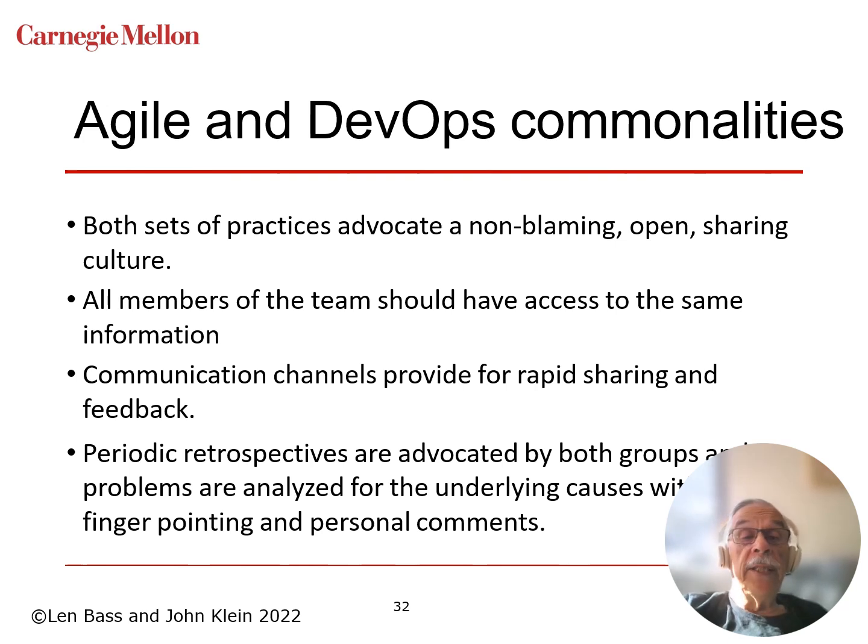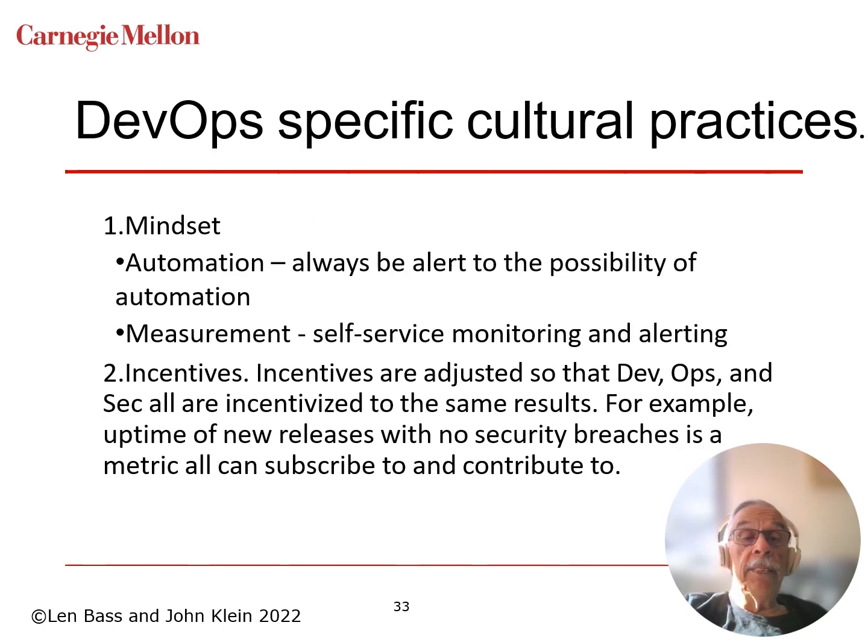So the commonalities are both advocate a non-blaming, open sharing culture. You don't point fingers. What you say is there's something wrong, there's a problem, how do we fix it? And all members of the team should have access to the same organization. Communication channels provide for rapid sharing and feedback, and teams should be small. Periodic retrospectives are adopted by both groups where problems are analyzed. So those are the commonalities.